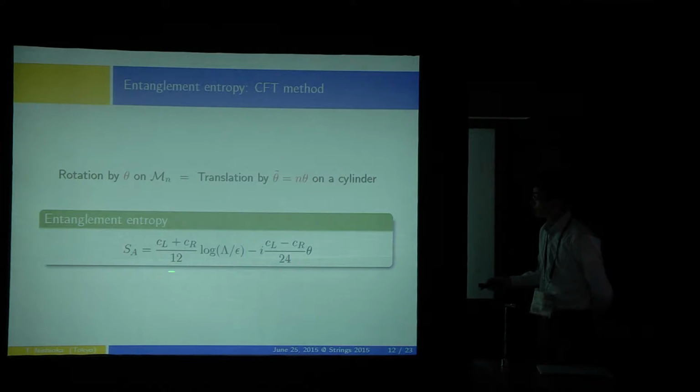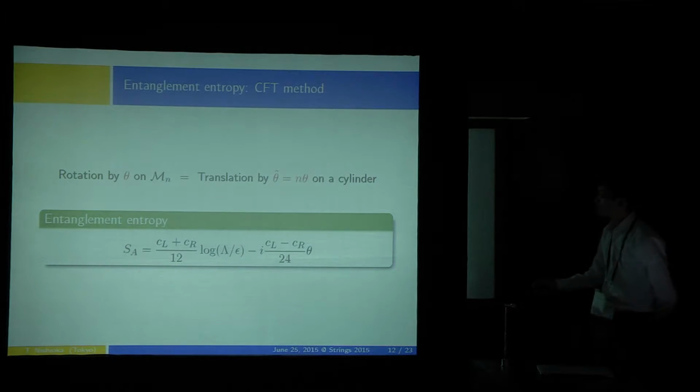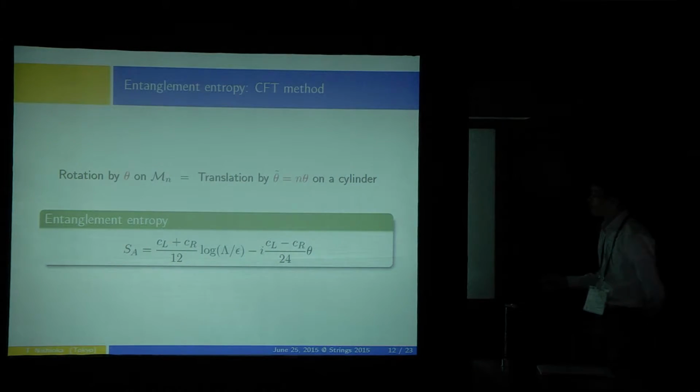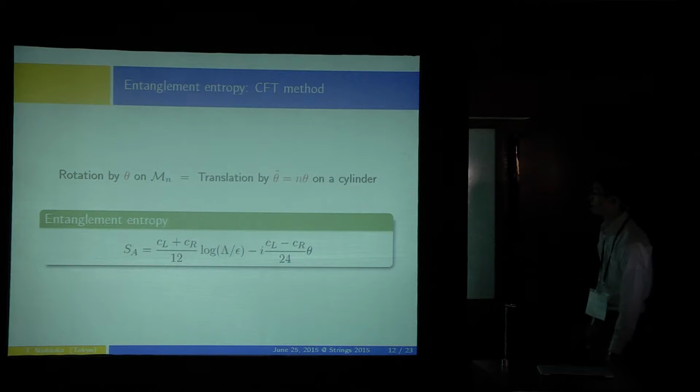So the first term is very well known. You see that there appears a logarithmic divergence, whose coefficient is proportional to the central charge. Usually, the sum of the left and right-hand central charges is called the central charge. But now here you see an imaginary contribution, which is proportional to the angle theta, and also proportional to the difference of the central charges.